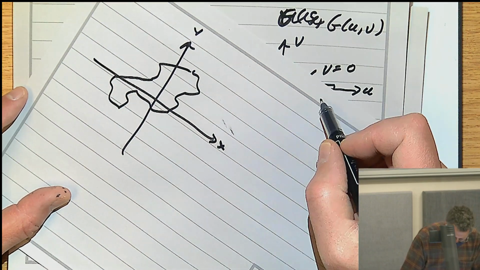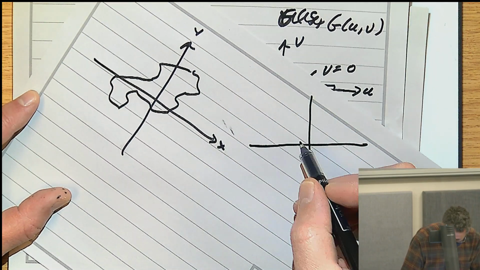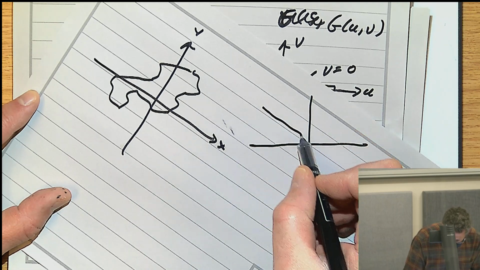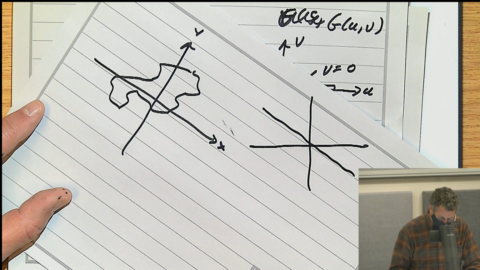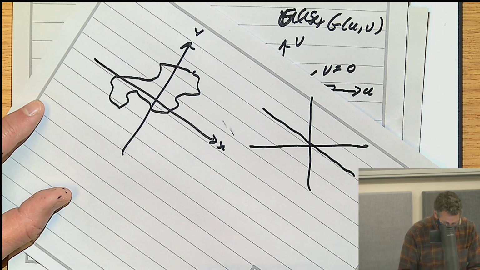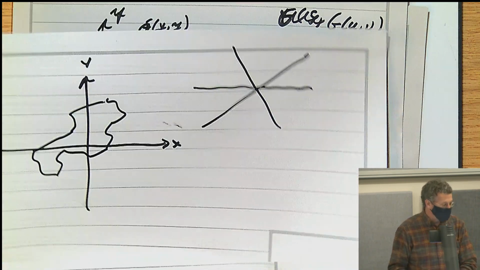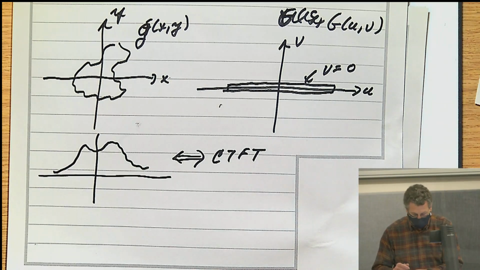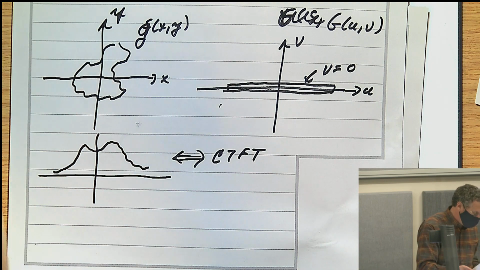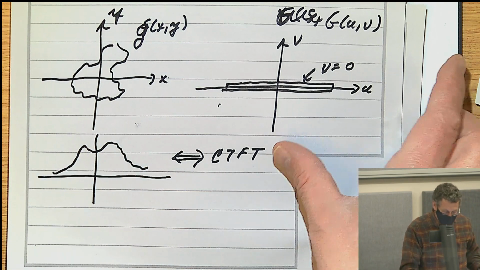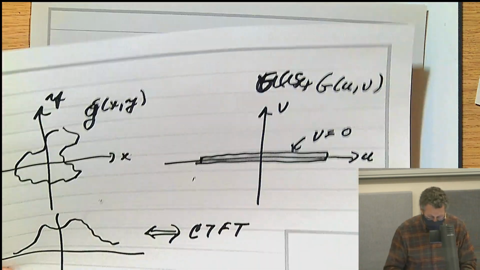Now in U and V, I'll get the Fourier transform along the tilted curve. Do you see what I'm saying? So everything just rotates. Maybe that picture's not so great. So that's the intuition behind the Fourier slice theorem.